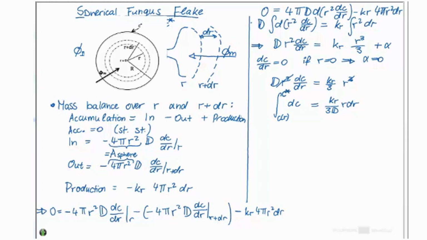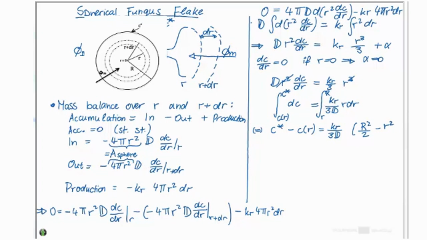Remember the border conditions. You start the integration at a radius r inside the flake, and you move outward towards the outside of the flake, so where the radius is big R. At the point r where you start, the concentration is C of r, and at the outside it is C star. Now if you integrate this, integration of r times dr will give r squared divided by 2.